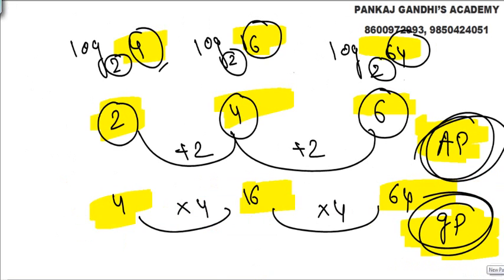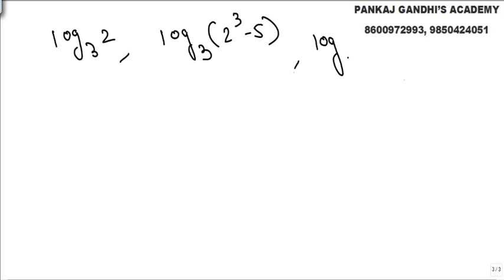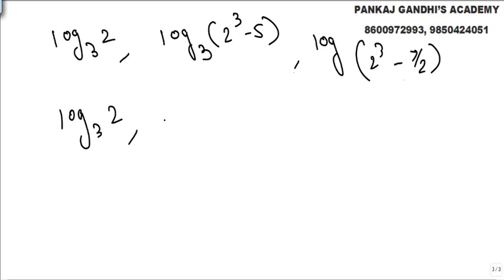If you want me to prove it, check the values. What all we got? Log to the base 3 of 2 raised to x, I'm putting x as 3, minus 5, and log to the base 3 of 2 raised to 3 minus 7 by 2. They will definitely come. So log to the base 3 of 3, and log to the base 3 of 8 minus 7 by 2, that is 9 by 2.